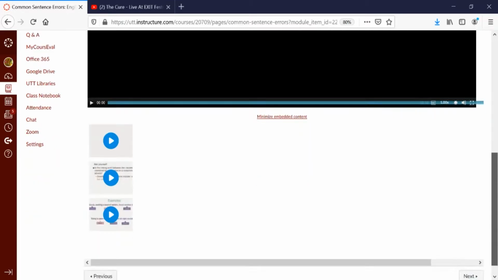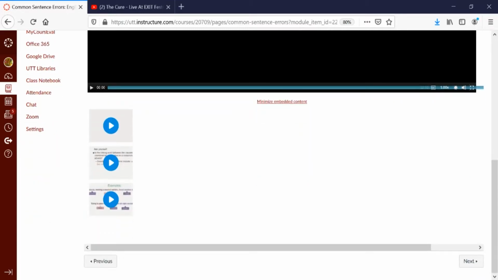So if we litter our essays with fragments, it suggests that we are not as knowledgeable about grammar and syntax as we should be. And so this creates a mood in the reader that this author doesn't know. It's not a credible source. This author might not really know what he or she is writing about.